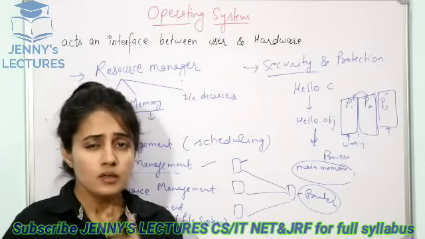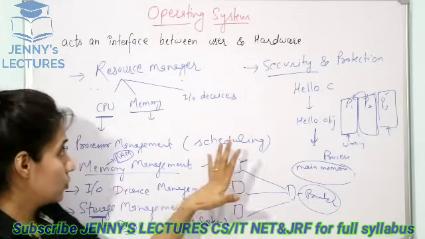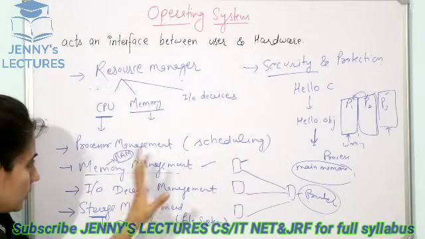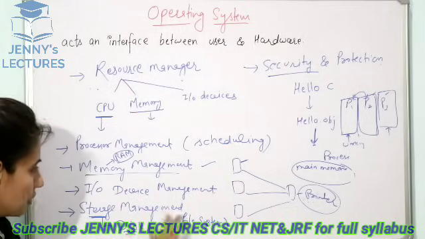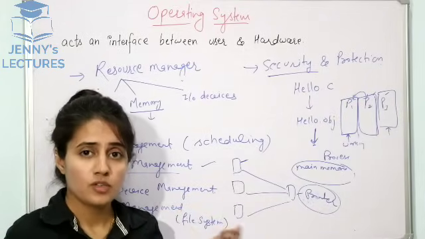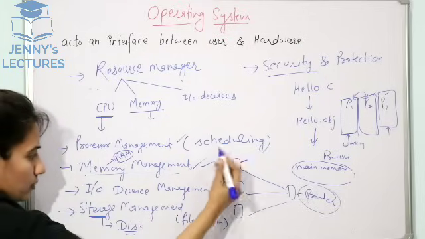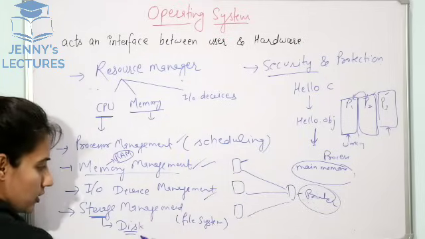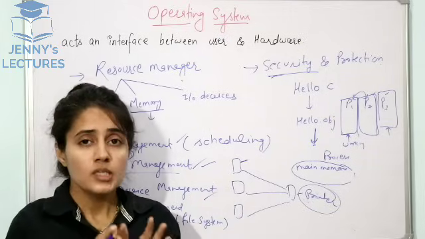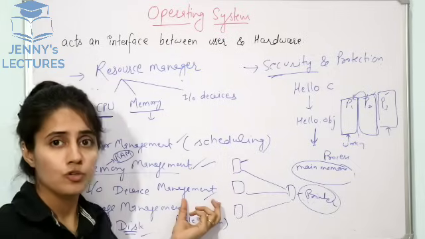By the way, there are many functions of the operating system, but I have just discussed the main 5 functions. You can say it is also a resource manager, or process management, memory management, device management, storage management, and security and protection. These are 5 or 6 main functionalities of the operating system. Each of these is a complete unit.